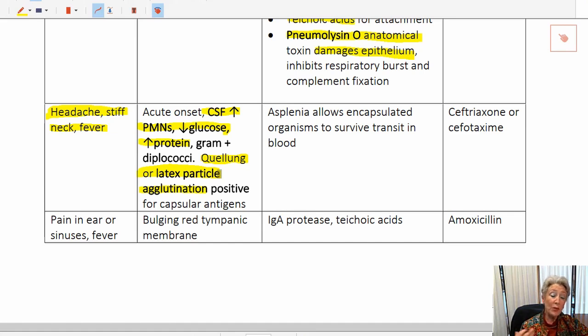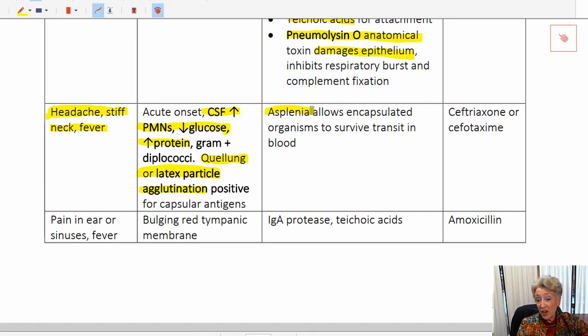I have to say LPA for pneumococcus was positive, or LPA for Haemophilus was positive, or LPA for whatever. I have a different one for each of the agents that causes meningitis. Now, if I have a splenic patient, I'm going to have problems with encapsulated organisms in the blood. So that would be a predisposing condition.